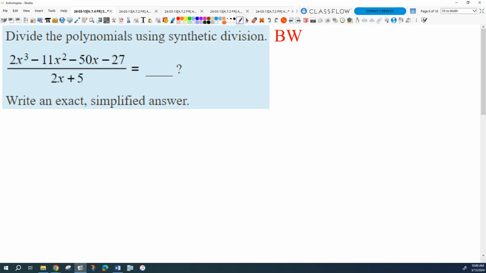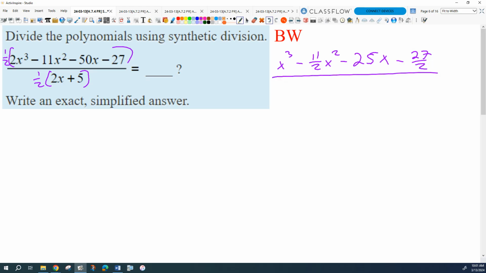So if I distribute 1/2 through the whole thing, top and bottom, I'm going to get x cubed minus 11/2 x squared minus 25x minus 27/2 divided by x plus 5/2.